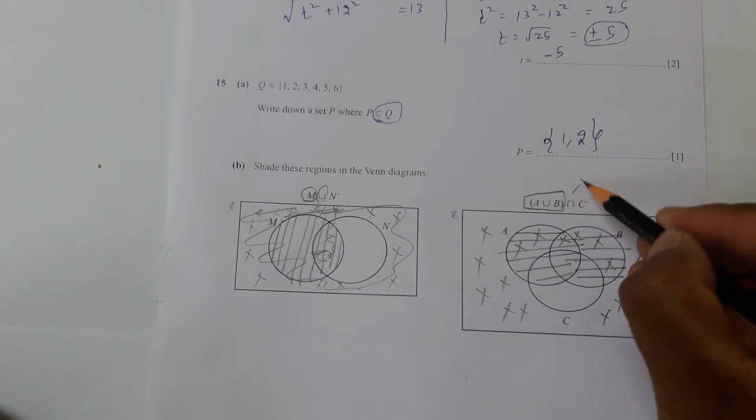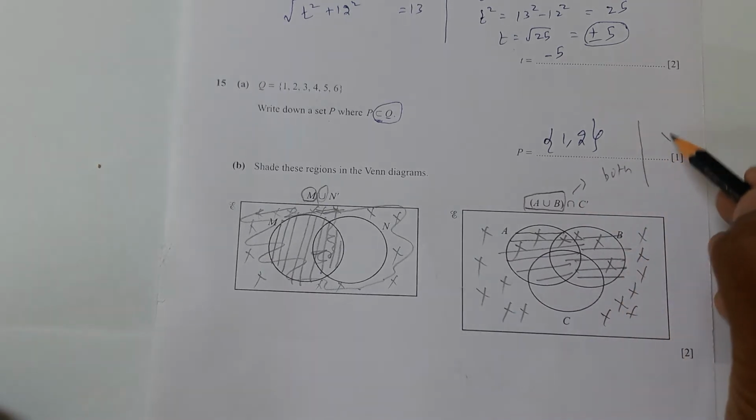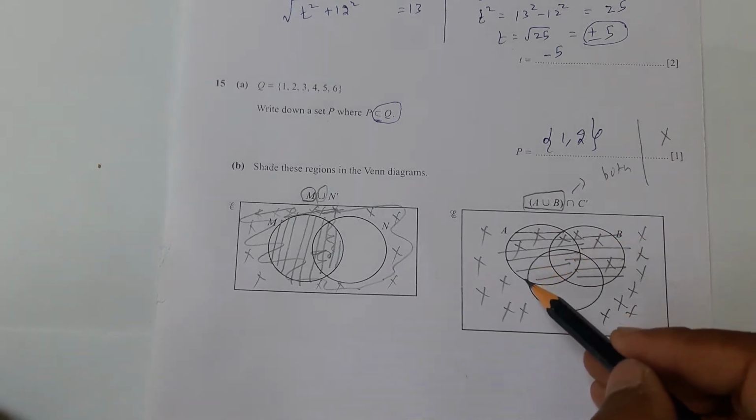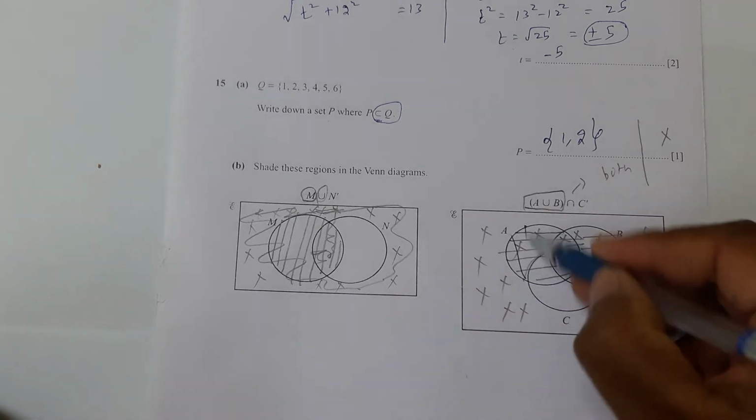In between them, what do you have? Intersection means the part which is in both the stroked lines and also the stars. Which part is it? It's only this part. So my answer is only this one.